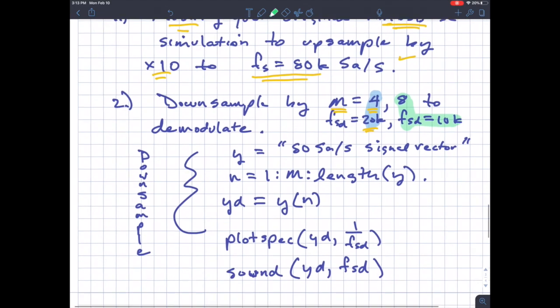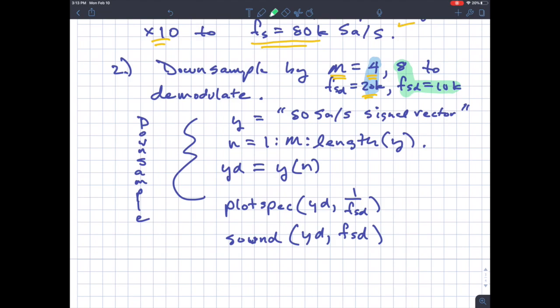In Matlab, this is the code you need to add to your simulation. This is the downsampling process. You start with a vector y, which would be our modulated digital signal sampled at 80 kilosamples per second. You form a vector n, which is just 1 in steps of m all the way out to the length of y. That would look like 1, 5, 9, 13, and so forth, if m is equal to 4.